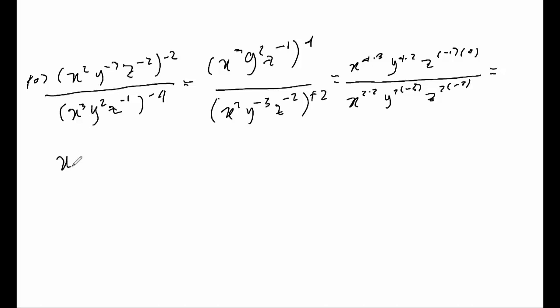So here I have x to the 12th, y to the 8th, z to the negative 4, divided by x to the 4, y to the negative 6, and z to the negative 4.